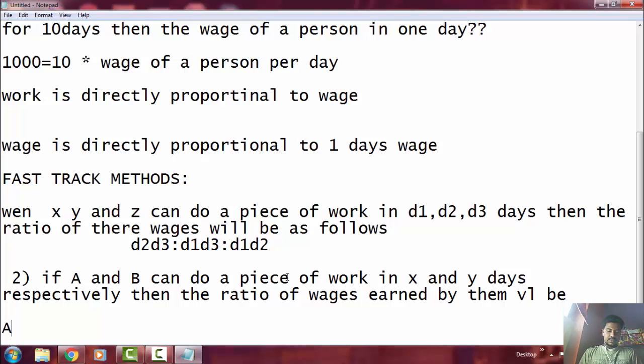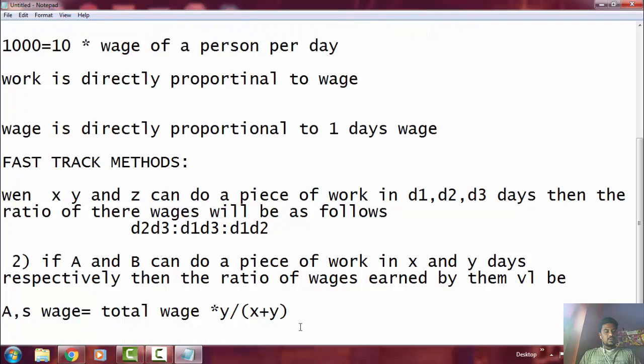A's wage is equal to total wage into Y divided by X plus Y. This is the exact formula.